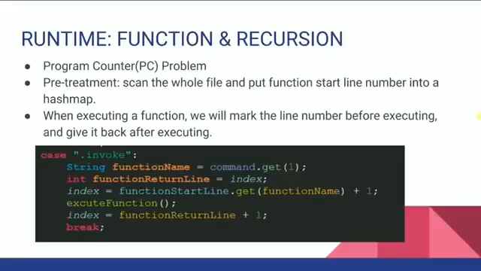We need to come back to where we entered the function. The method is to mark the line where you call the function and give it back when the function ends. There is also a pre-treatment that can save you time: you can scan the whole file and put the function start line numbers into a hash map so that you can find them quickly at runtime.